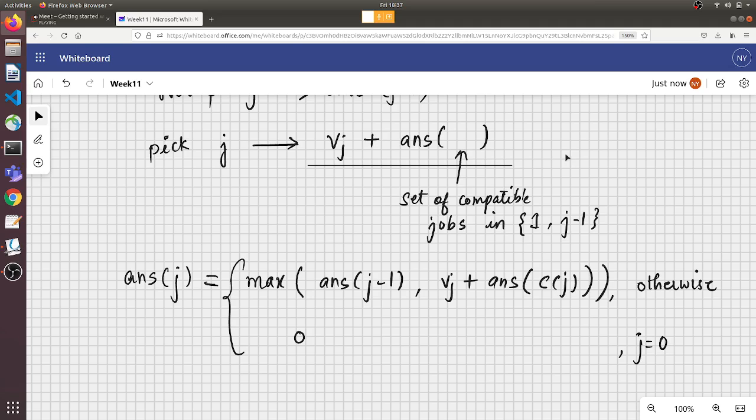Now if we write a recursive solution for this, that is going to have an exponential time complexity, right?